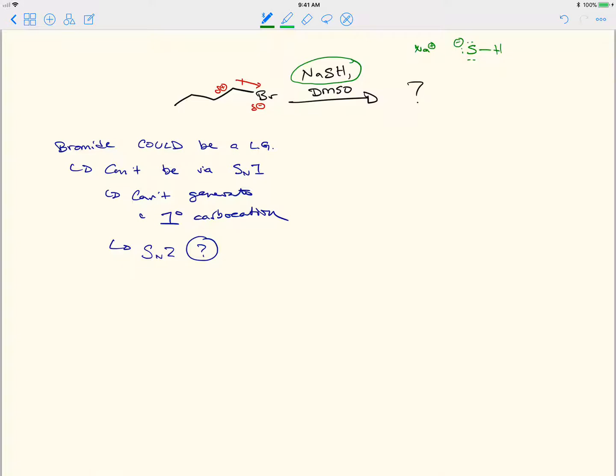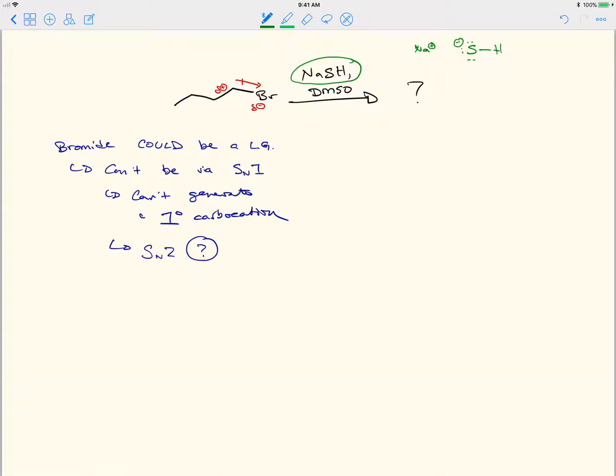It's larger than oxygen, so that excess electron density is in a shell further away from the nucleus than oxygen, so the nucleus is even less aware of it being electron rich. So this is going to be more stable than an OH minus. That's how I would assess that reagent.